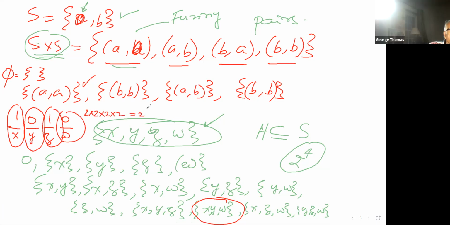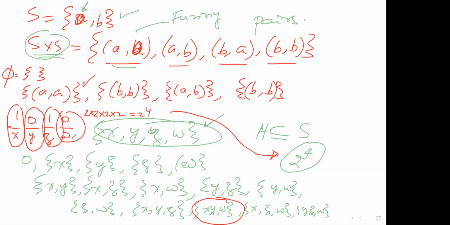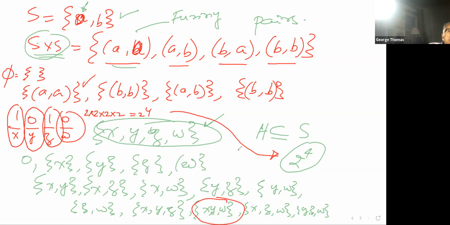That is 2 to the power 4. So you see, that is how a set with 4 elements has 2 to the 4 subsets.